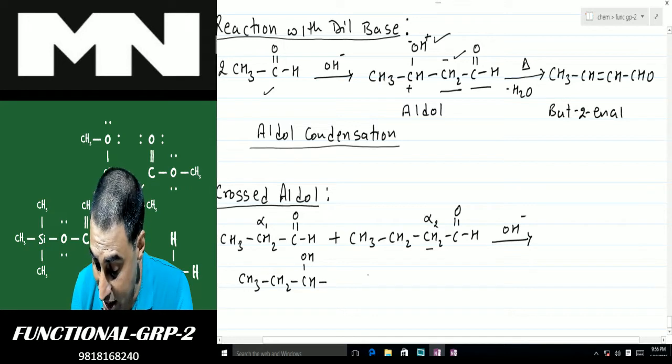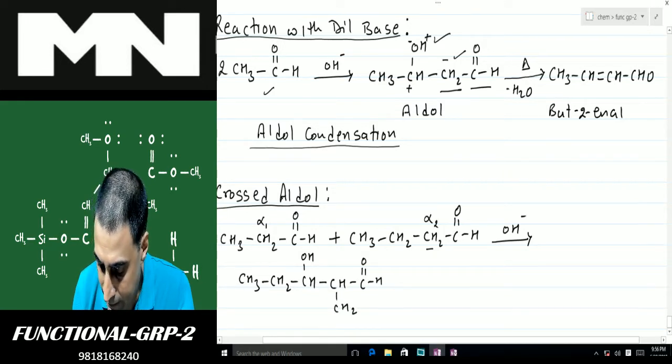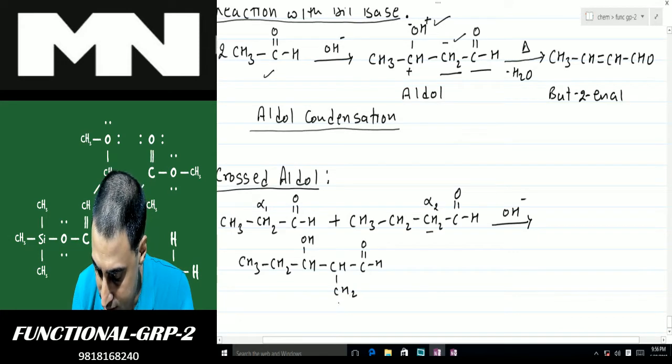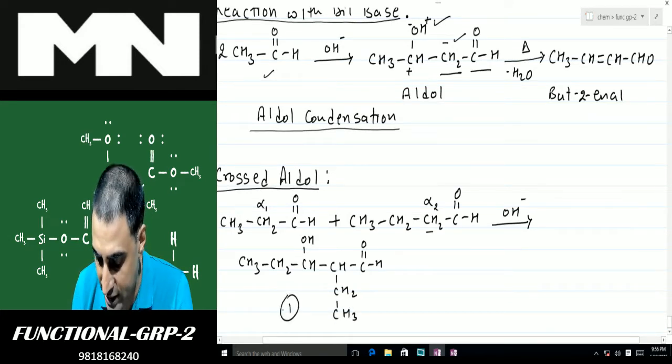Then the second alpha carbon atom is this, along with that, a carbonyl group and an ethyl group, like this. So this is the first product I will get.